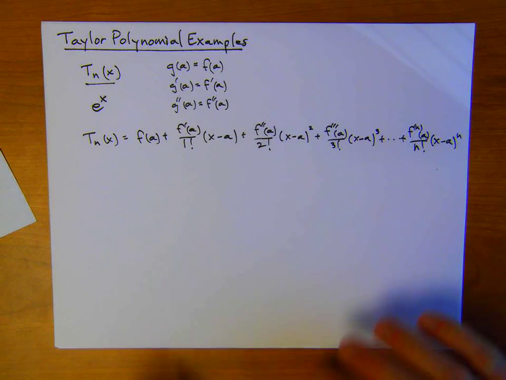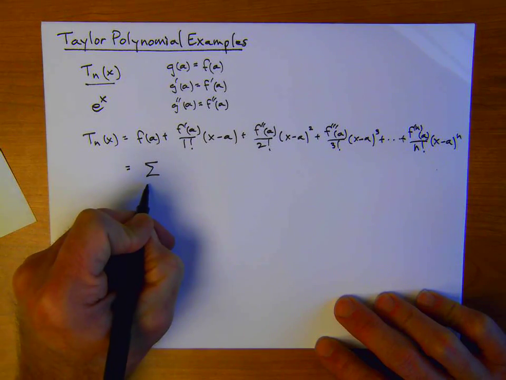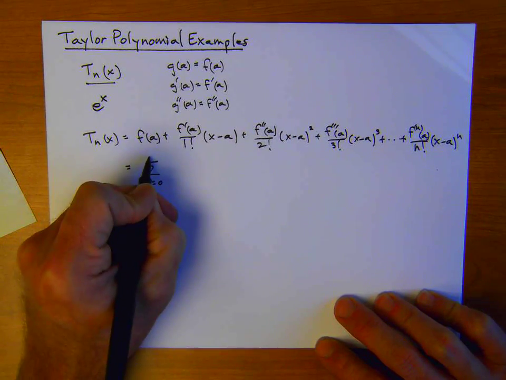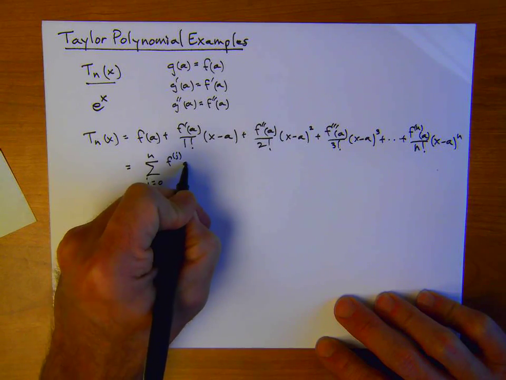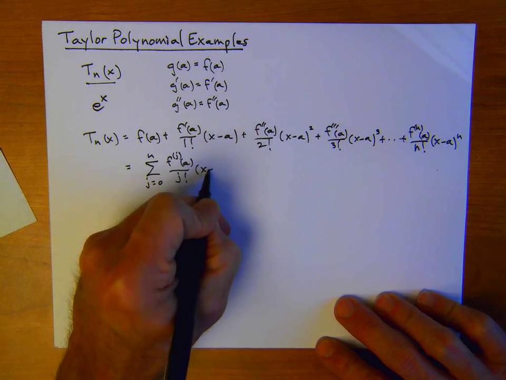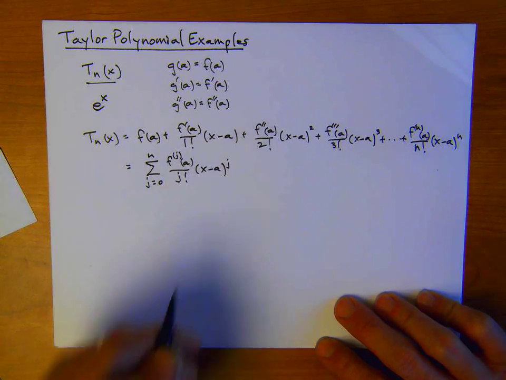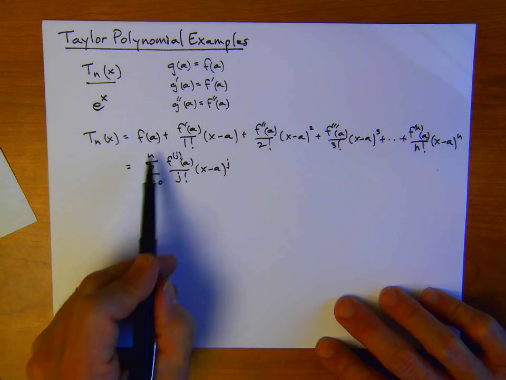The shorthand for this is the sum with index j equals 0 to n of the jth derivative evaluated at a over j factorial times x minus a to the jth power. And I talked about that in the previous video, what that means.